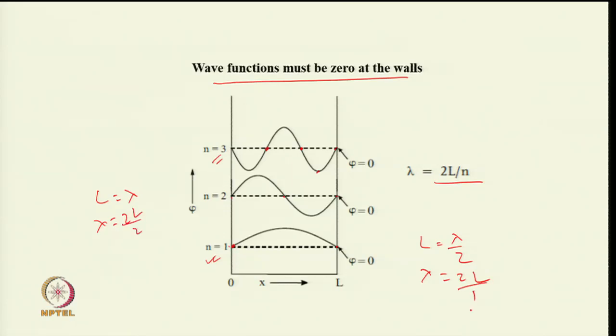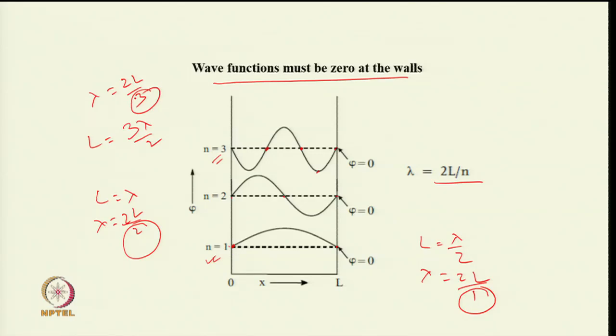Now, here L is equal to 3 lambda by 2, so lambda will be 2L by 3. For n equal to 1 there is 1 half-wave here, for n equal to 2 there are 2, and for n equal to 3 there are 3.